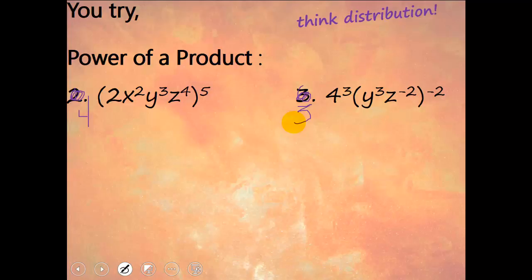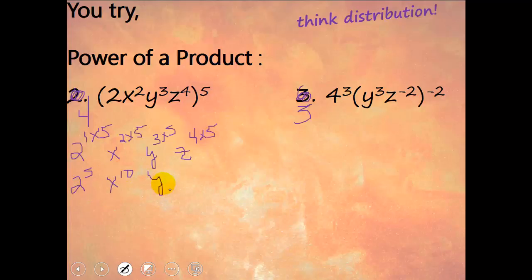All right, so we're going to start here. We're going to go 2 to the 1 times 5, x to the 2 times 5, y to the 3 times 5, z to the 4 times 5. So this is 2 to the 5th, x to the 10th, y to the 15th, z to the 20th.